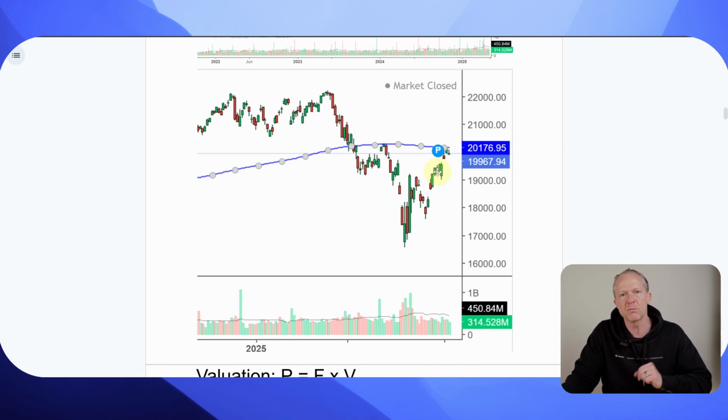And today, this morning in Europe, we're seeing quite a negative market. So either it will succeed in the coming days or weeks to break up, or I think at least as of today, this is a very negative formation in terms of the 200-day moving average.